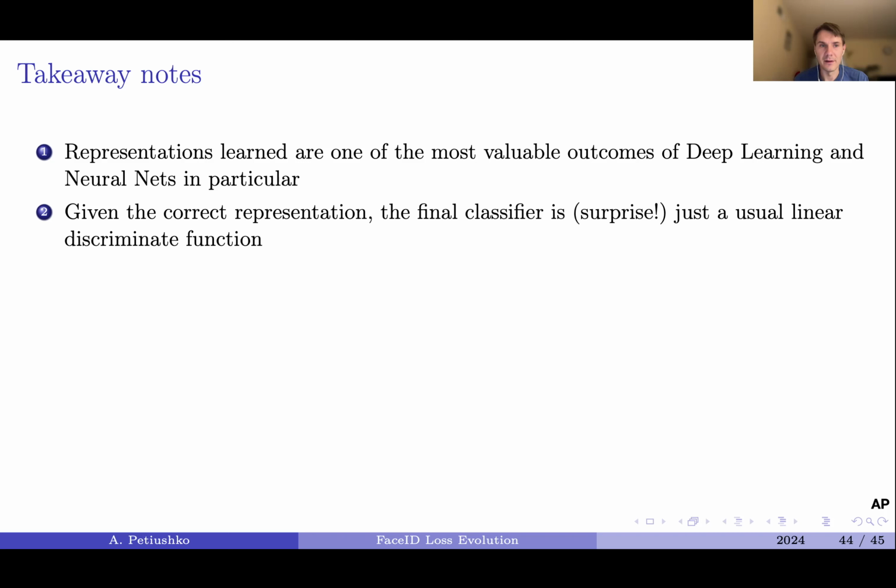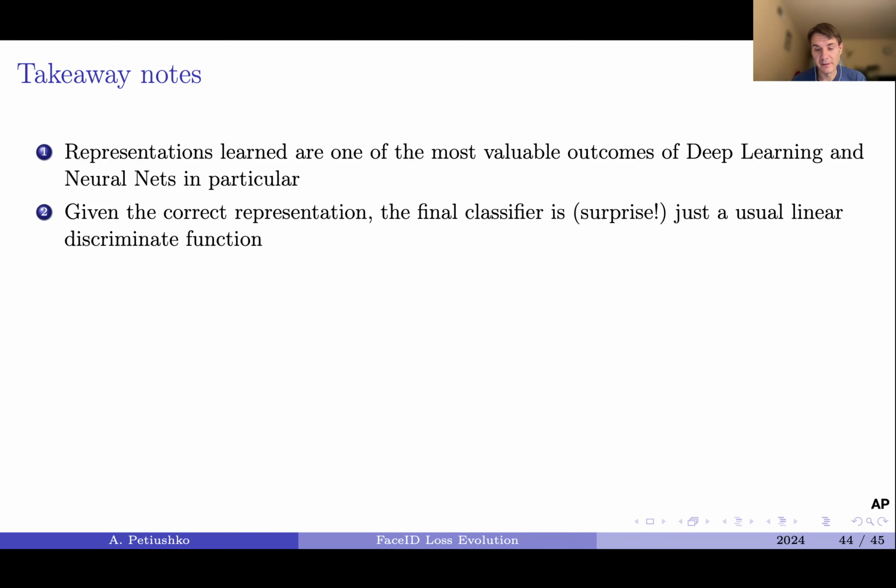And given this correct representation, the final classifier is, surprise, surprise, just a usual linear discriminant function. We don't need anything super mega cool. We're just using a usual SVM classifier.